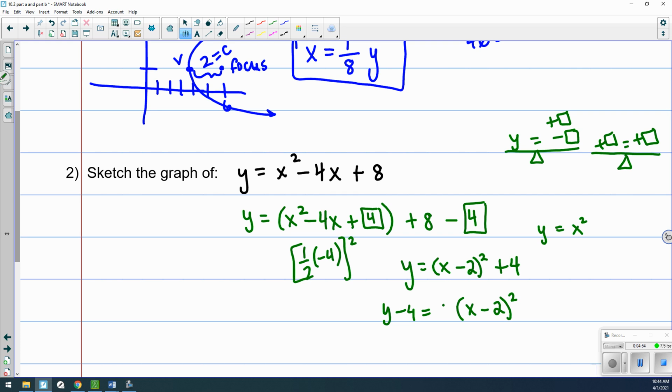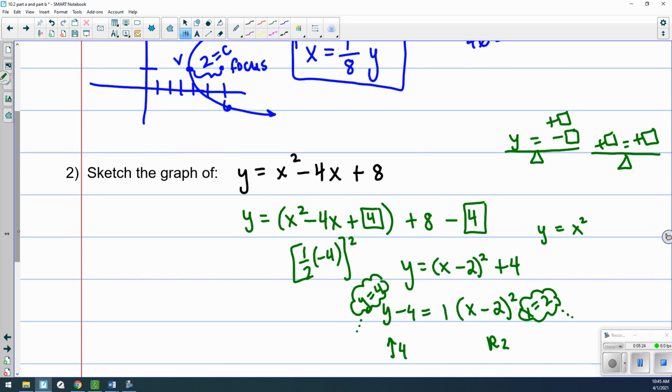So what is a? a is equal to 1. Now thinking about the shift rules, this would be a shift to the right 2, and this would be a shift up 4. So if I set this equal to x, x would be equal to 2, and y is equal to 4. So that's going to be up, and this is going to be to the right. Think through your shift rules. We've done the shifts a million times.